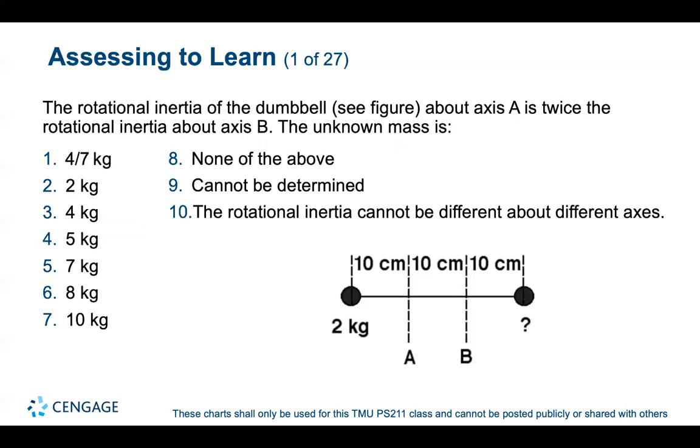Okay, we've got a whole lot of slides with these assessing learning, so I'll just quickly go through these. And so the rotational inertia of the dumbbell about axis A is twice the rotational inertia about axis B. The unknown mass is, the answer is 7 kilograms.